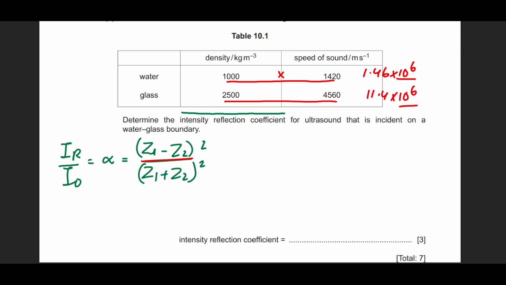It will be in the numerator and denominator and will cancel out, so it does not affect the final answer. So this is 11.4 minus 1.42. This is 1.42. And divided by 11.4 plus 1.42 with whole square. So this comes out as 0.606, which is 0.61.